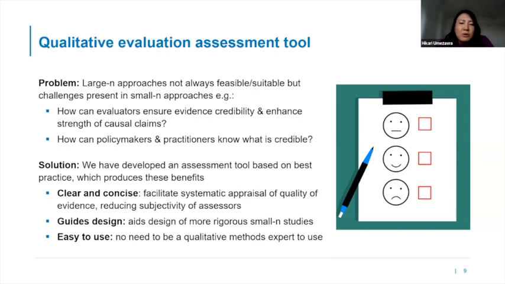But the larger N approaches are not always feasible, depending on the nature and the scale of the program, especially, for example, when the program's objective is to change policy within the country, and therefore the target is just a single country or single institution. This is exactly the case with the evidence gap map we are currently working on.